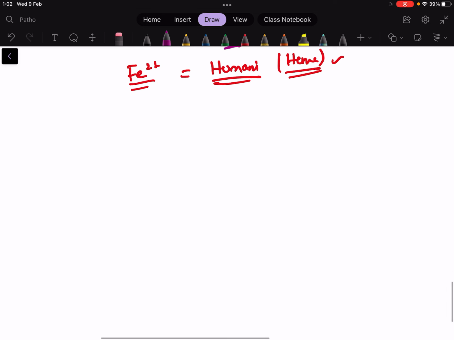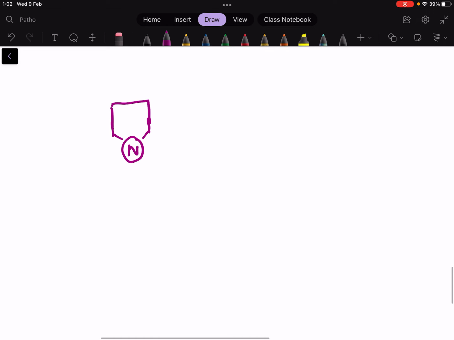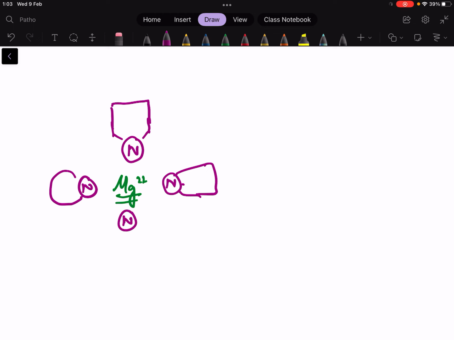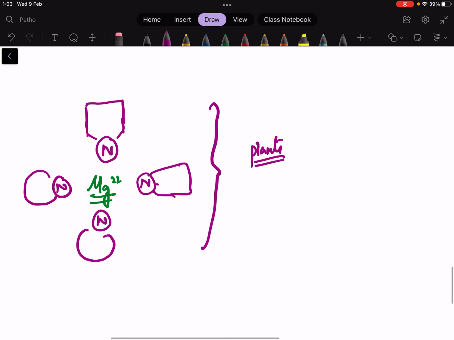Normally these nitrogenous bases, suppose this is a nitrogenous base of a pyrrole ring, can attach to magnesium also, and this type of arrangement, suppose here is another nitrogenous base and a pyrrole ring, another nitrogenous base and a pyrrole ring, is mainly seen in plants where there is magnesium in the center, and the compound seen in plants is your chlorophyll.